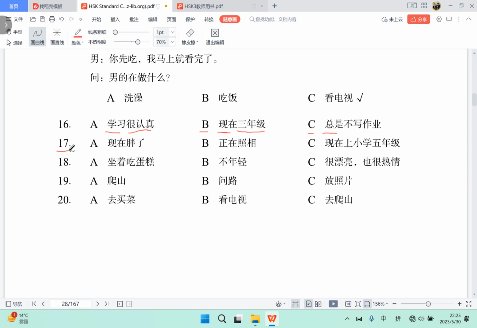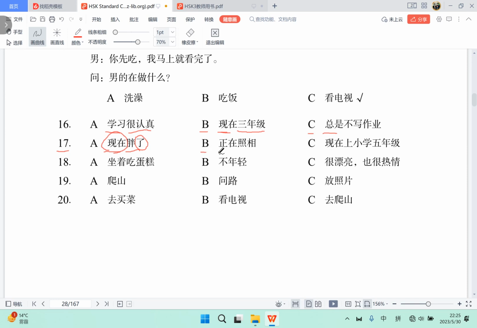And 第17, 现在胖了, now much broader, much fatter than before. 了 indicates the change. So before he or she must have been very slim, but now is much broader.